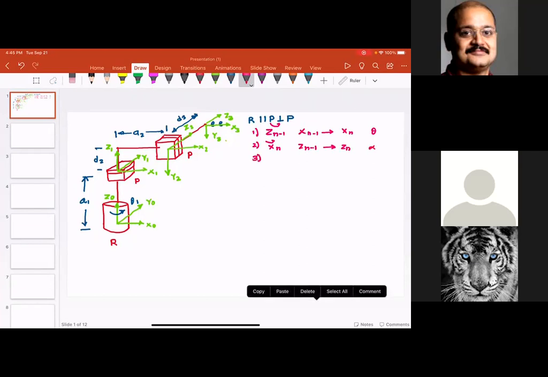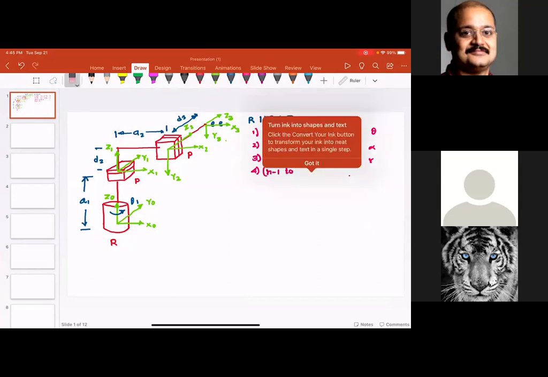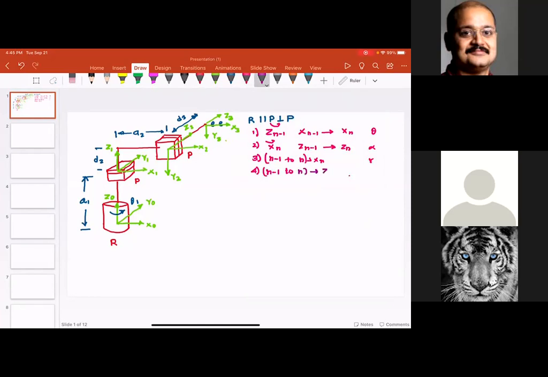Third rule, n minus 1 to n around Xn, that is R. So n minus 1 to n about Xn is R. And the fourth rule is n minus 1 to n about Zn minus 1 is D.